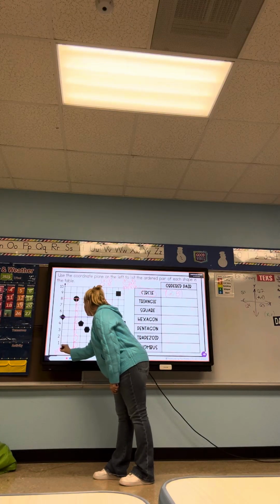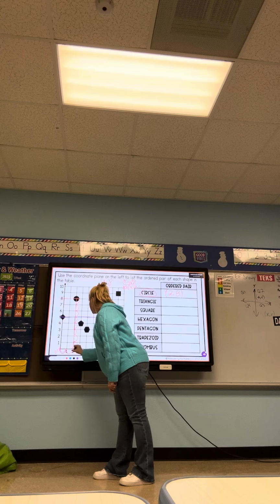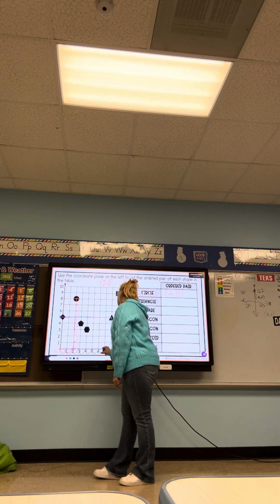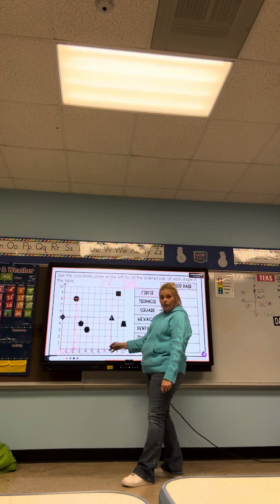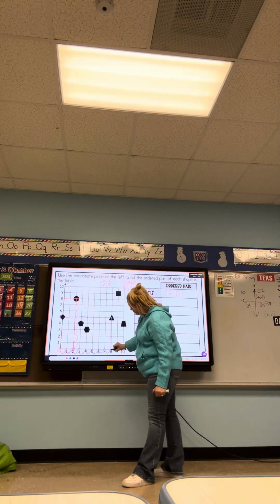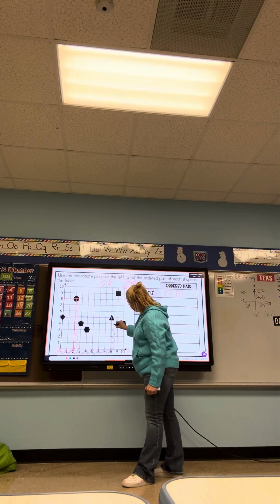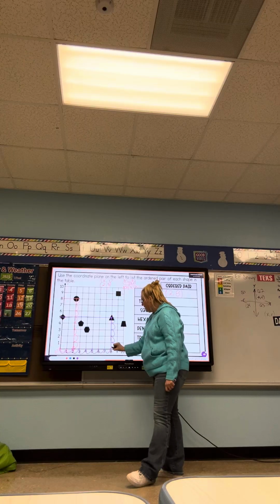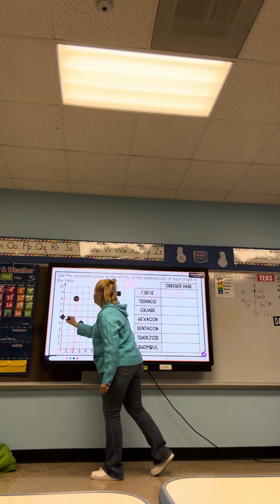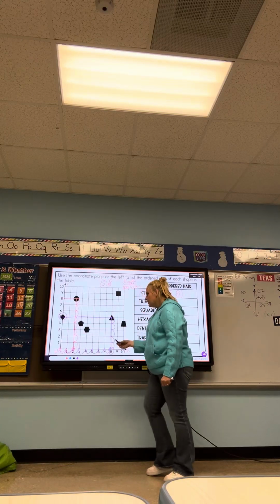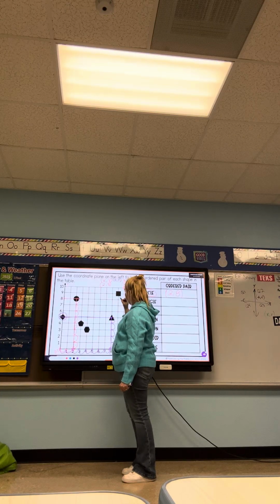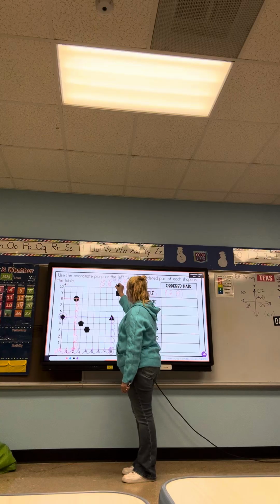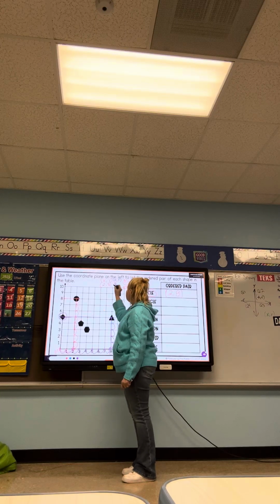So we're going to count from 0, 0, 1, 2, 3, 4, 5, 6, 7, 8. Then I'm going to count up on the vertical: 1, 2, 3, 4, 5. So I have (8, 5). Why? Because it is read from left to right, x, y. X is first, was 8. Y is 5.